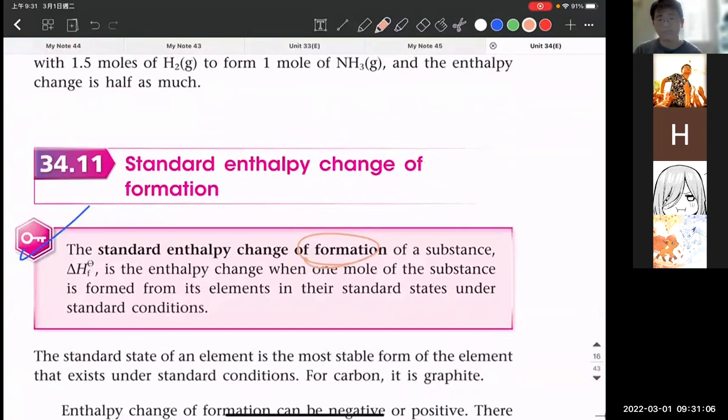Formation, combustion, and neutralization. Any common points? I'll give you 1 minute to take a look again, and for those who know what the common points are in the definition, please put it in the chat box now.